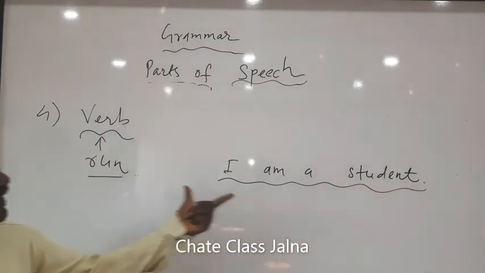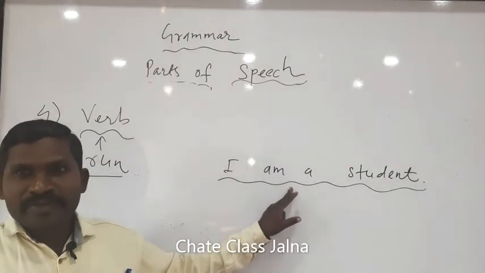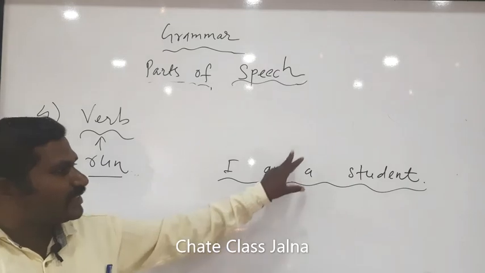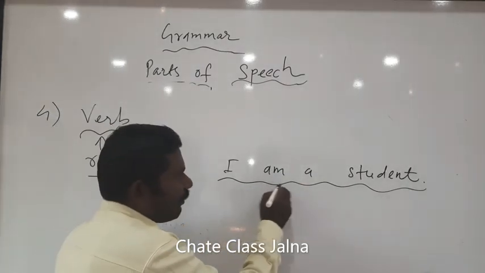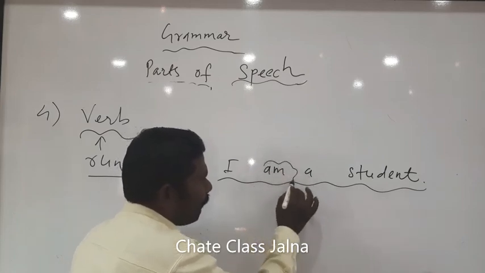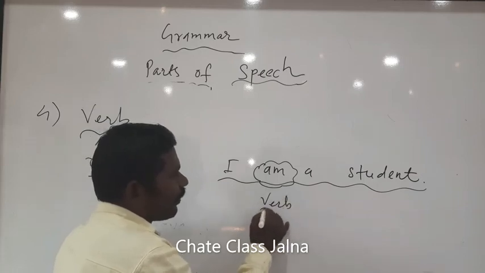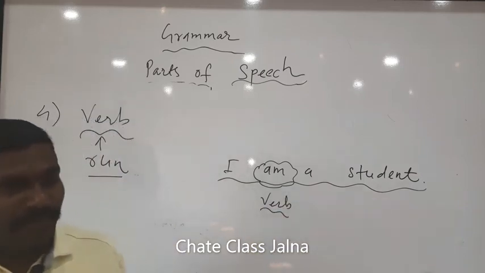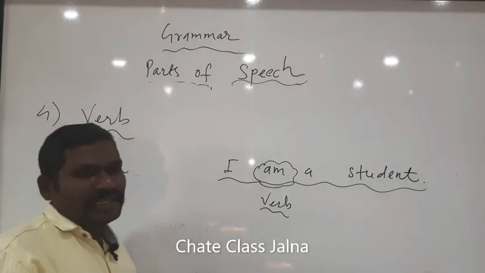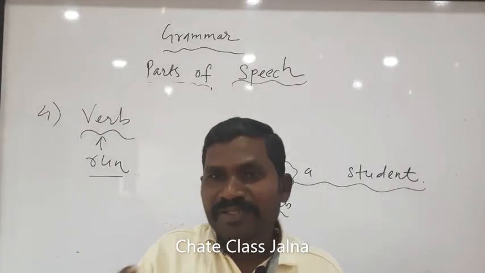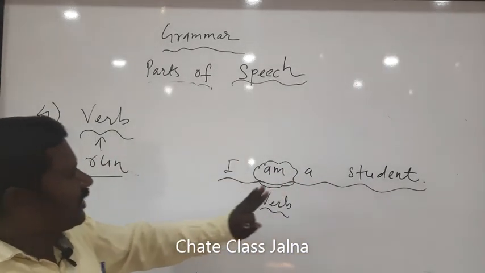Then which one is the verb? As we say that a verb is an action word, but no kind of action has been seen here. In I am a student, am plays the role of the verb. So verbs are action words as well as words that tell us the state or condition.